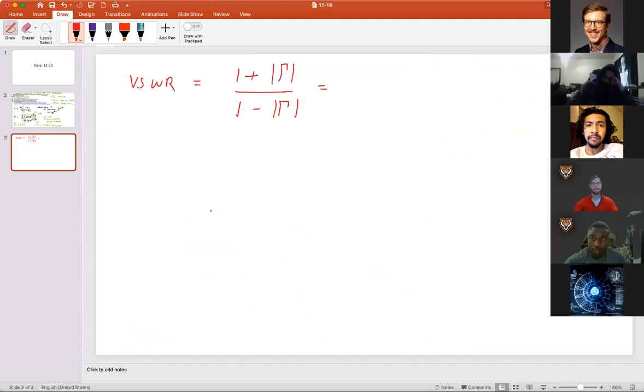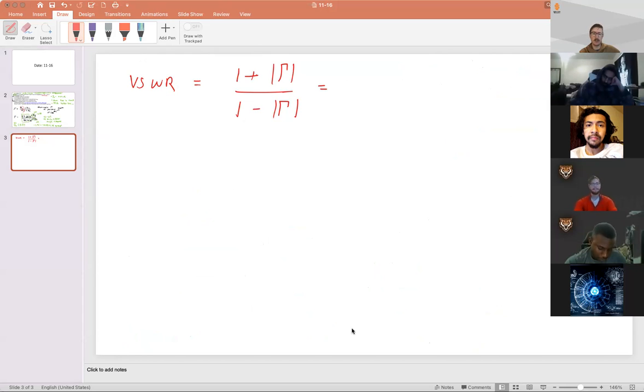Okay, so this is the voltage standing wave ratio. This number tells us some information about the ratio of the amplitude of the waves traveling forward down the transmission line compared to the waves traveling backwards down the transmission line.